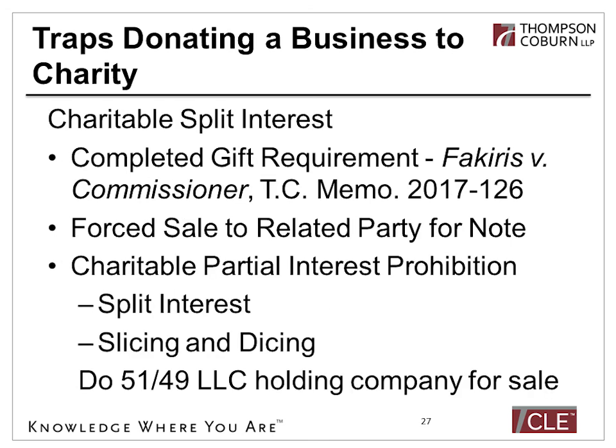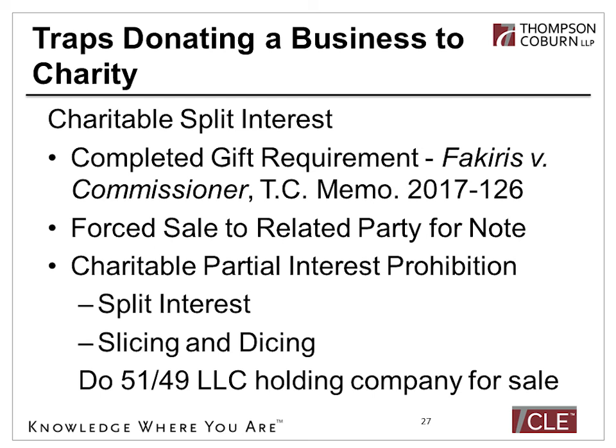Slide 27, charitable split interest. My materials talk about how it needs to be a completed gift, so you can't hold too many strings over what you sell. There's a charitable partial interest prohibition. You really can't slice and dice. If you have an LLC, for example, you might give away a vertical slice.